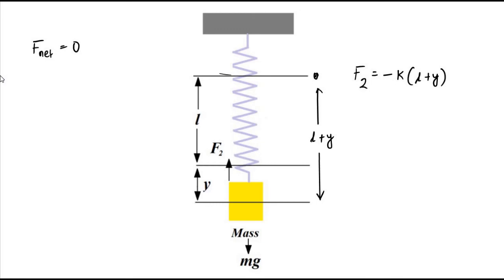It is stable in this position. So the total force acting on it is minus K(L plus y) plus mg. This is upward, mg is downward.